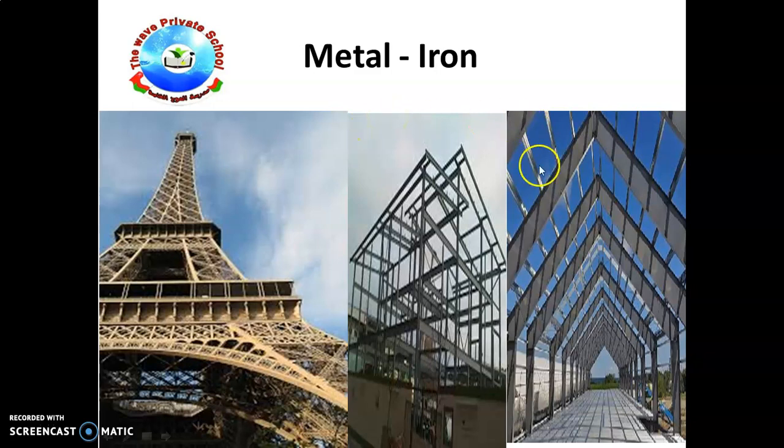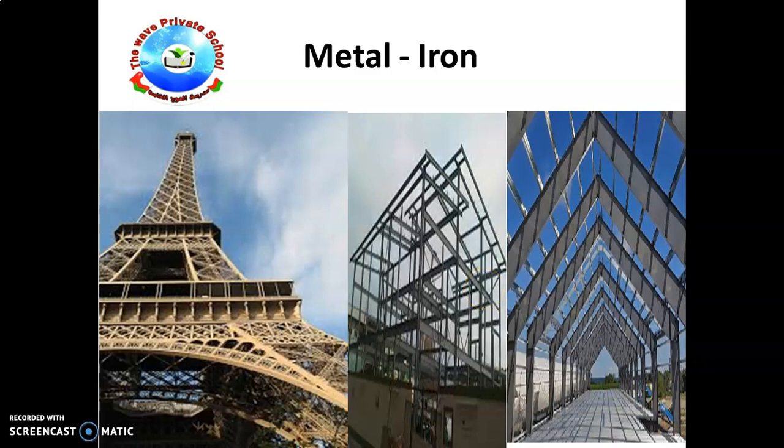And also, for example, you can see here the towers and the building materials. Here you can see the iron is shaped into different shapes. That means the iron has changed shape. By bending, it can be shaped into different shapes.